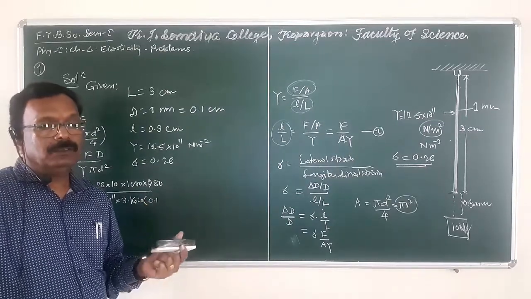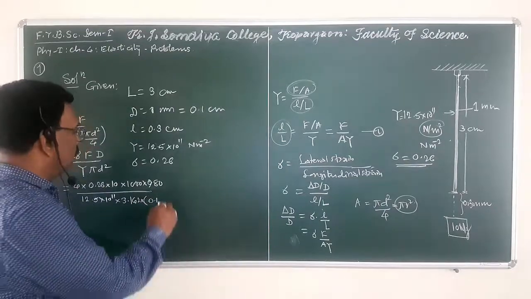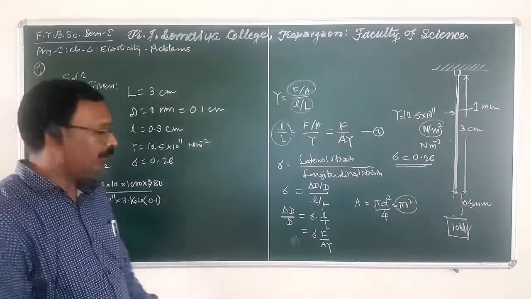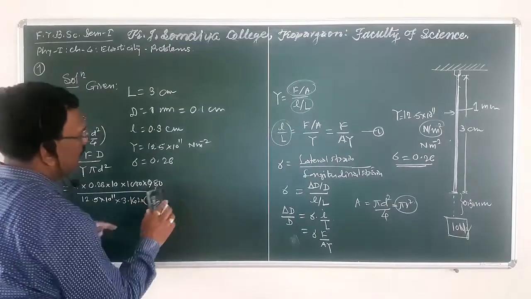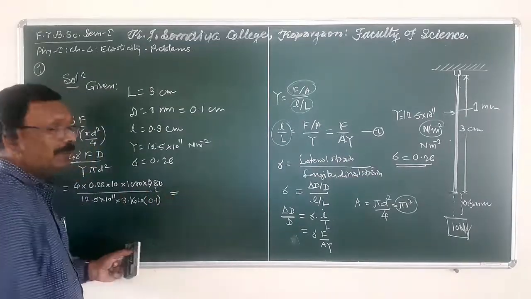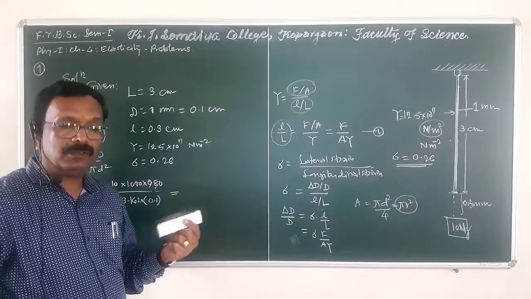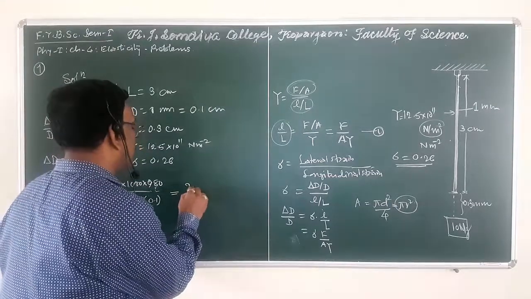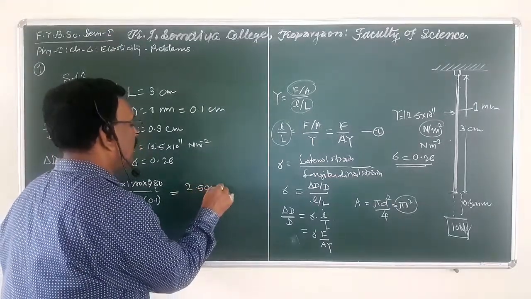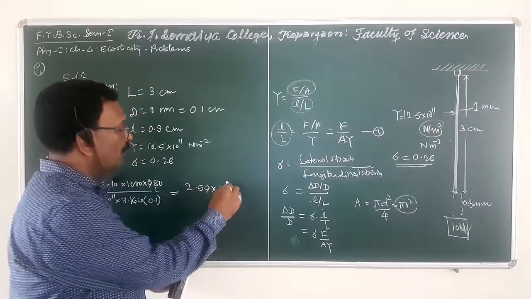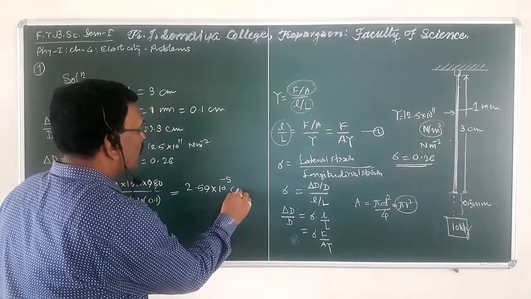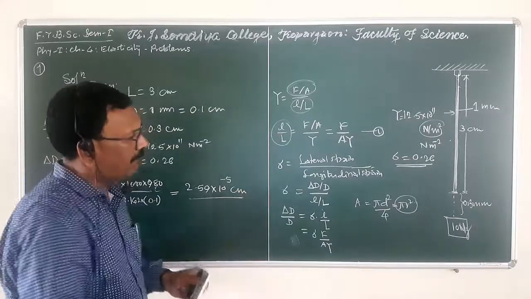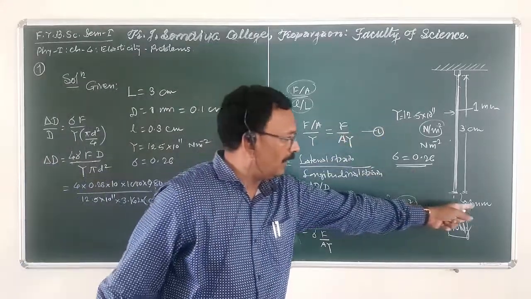Now when you solve this, by using a calculator or log table, you will get the answer 0.59 into 10 raised to minus 5 centimeter. This is the extension in the wire, the elongation.